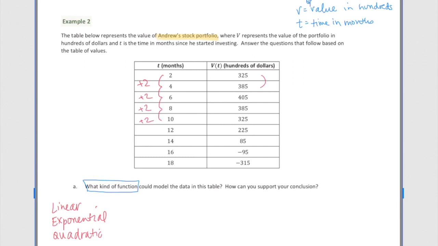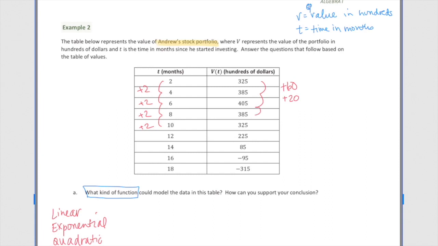So now we're going to look at the differences and changes in x and y values. I notice that my x's are going in a constant increase by 2, and now I'm trying to figure out what my rate of change is with my y values. So initially from 325 to 385, I'm adding 60, and basically what I'm going to do is try to find how one value changes to the next.